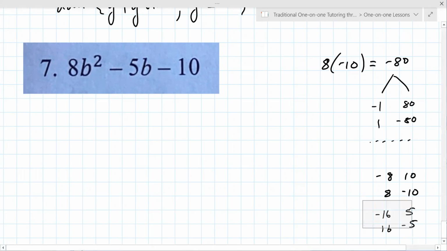Like, does anything between 5 and 8 work? These are 2 apart, these are 11 apart. Or 6 and 15. We're trying to find something that's 5 apart. When you add these up, you get -11 or +11. Here you get +2.